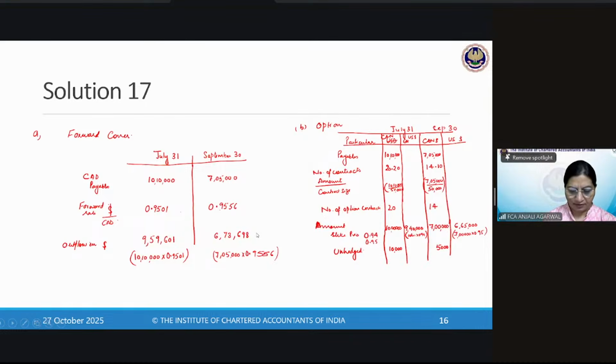Okay. So in USD, we are assuming that we'll have to pay $9,501 for the unhedged Canadian dollars of 10,000.